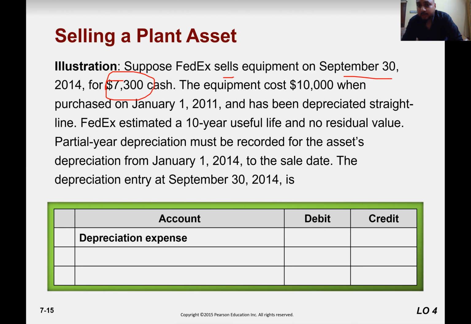The equipment cost 10,000 when purchased on January 1st, 2011. They sold it in 2014, after using it for 9 months. So 11, 12, 13, and 14, 3 years and 9 months they have used the asset, and after that they sold it for 7,300 cash.